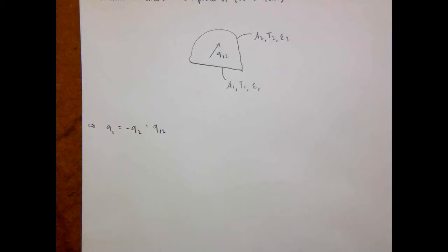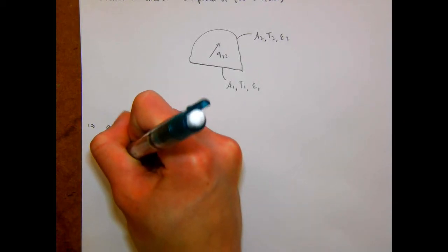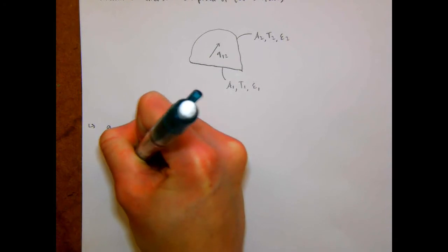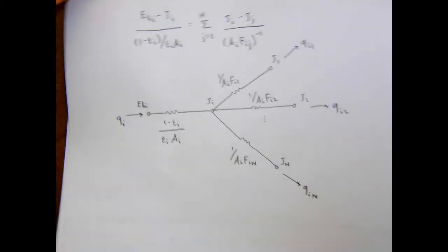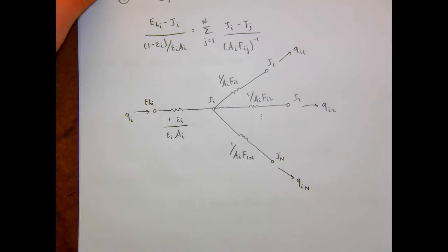Okay, so we can draw our radiation networks for these two surfaces separately. So let's go back and look at the big network schematic for a second.